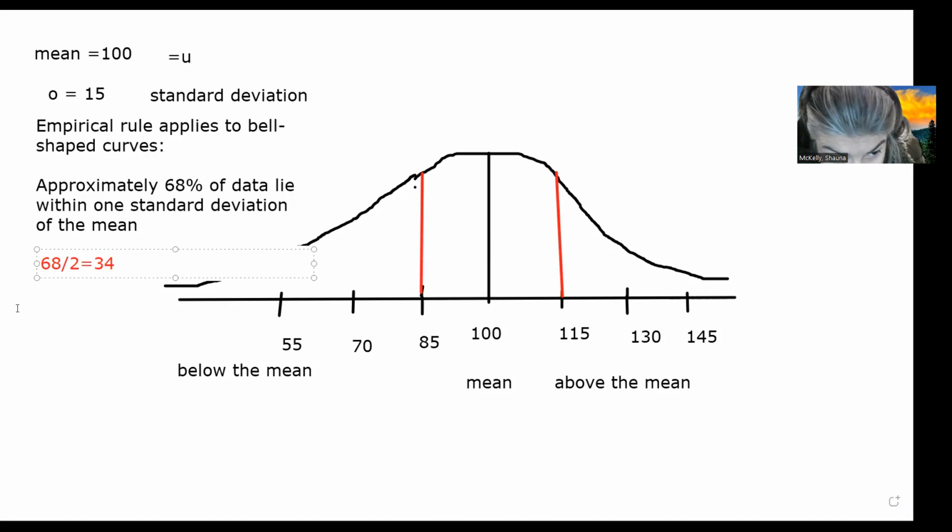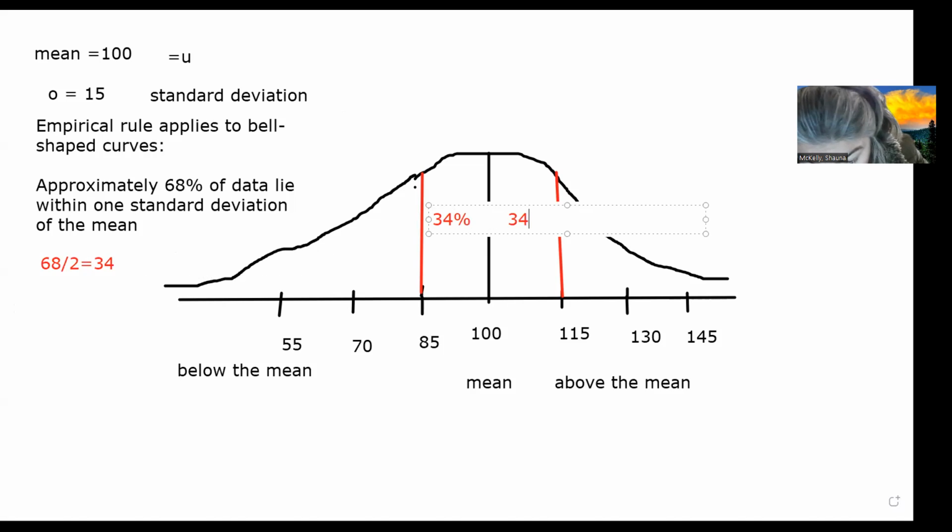What this means is that this area on the left is going to be 34% of my results. This is another 34%. And the rest of this curve follows similar symmetry.